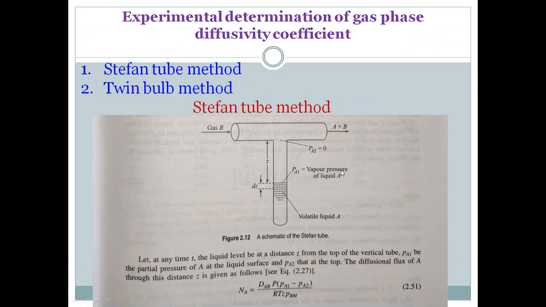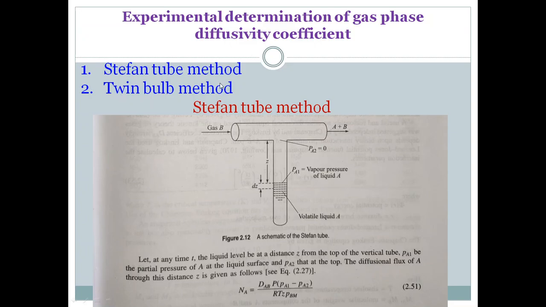Now we will calculate this diffusivity from the experiment. Here we will discuss the experimental determination of the gas phase diffusivity coefficient. There are two methods, one is the Stefan tube method and the other is the twin bulb method.